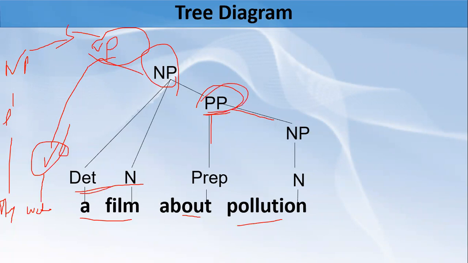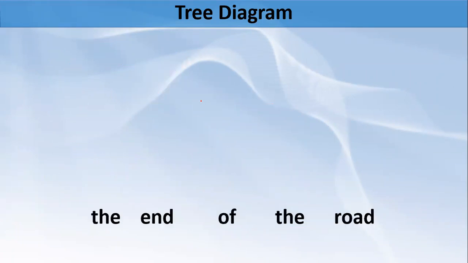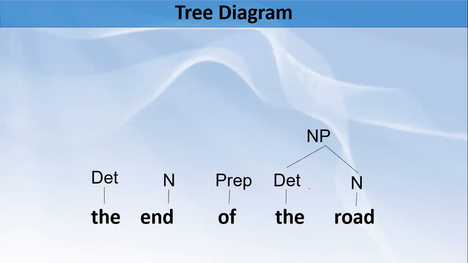Moving to some other examples. "The end of the road". First of all, we have "the road", a determiner and a noun, so a noun phrase. Then a preposition and a noun phrase make a prepositional phrase. Then "the end", a determiner and a noun, is a noun phrase.